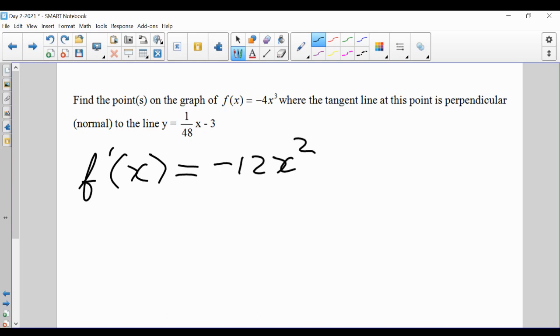The inverse of the normal would be the derivative, Stephen is saying, I think. Okay. What is the slope of the tangent line that we're looking for, though? Does anybody know the slope of the tangent line that we're looking for?